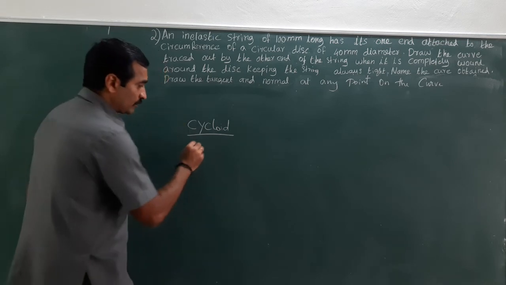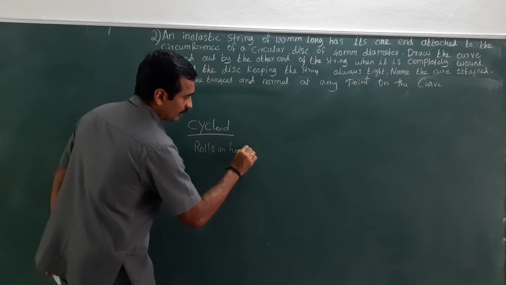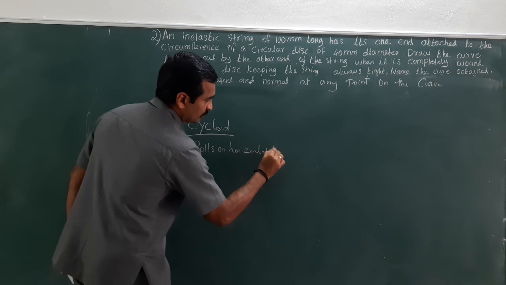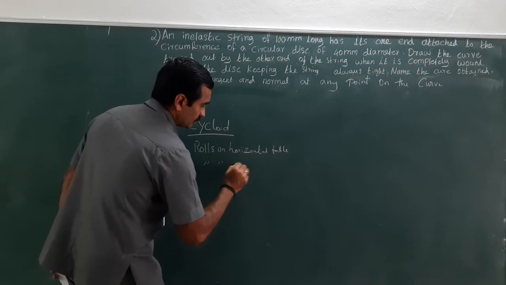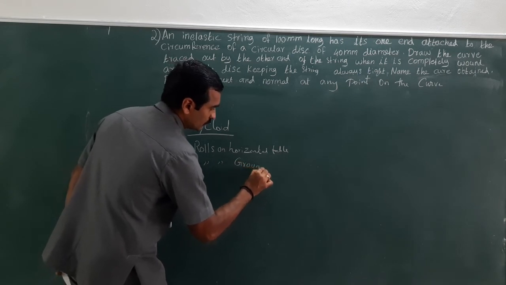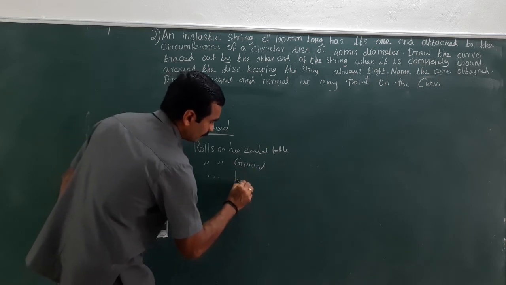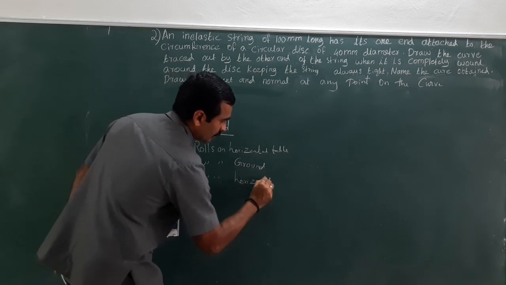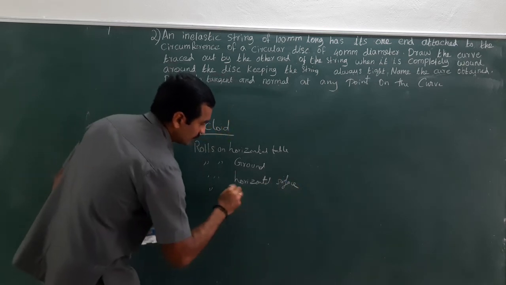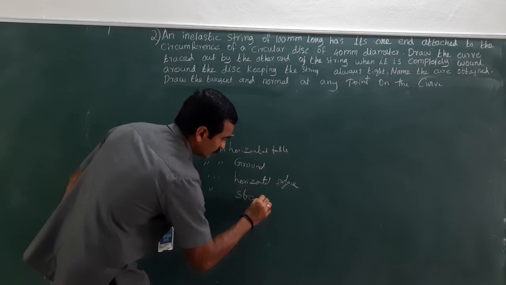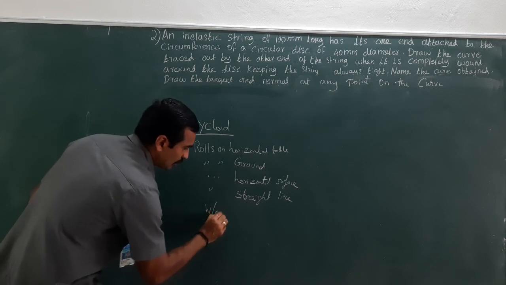It rolls on a horizontal table, rolls on the ground, rolls on the horizontal surface, rolls on the straight line, and again without slipping.